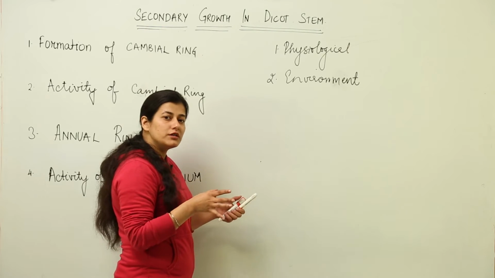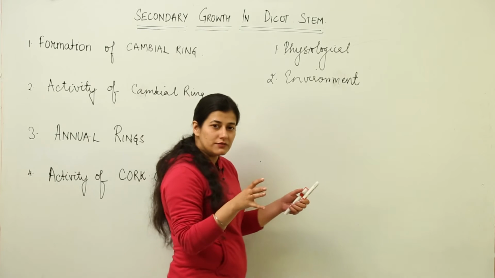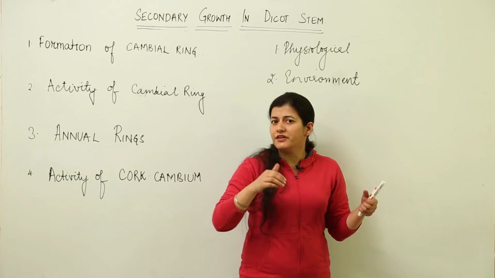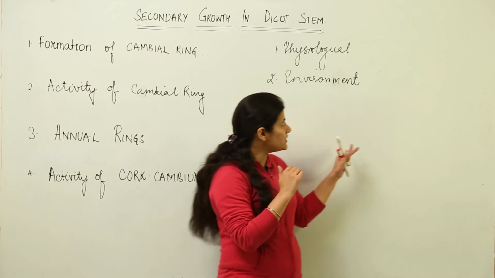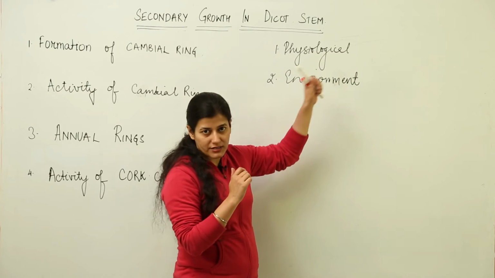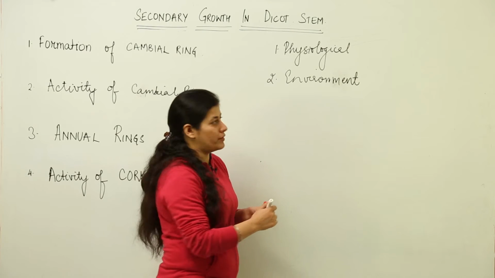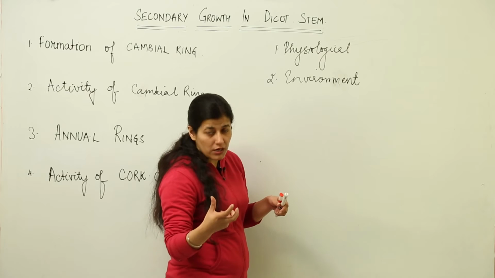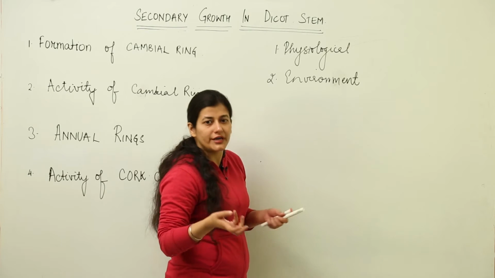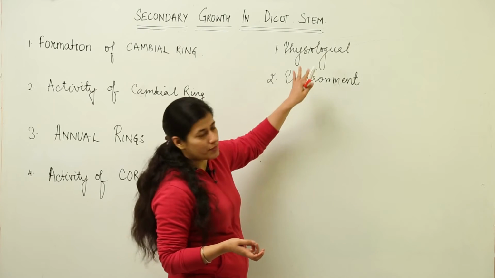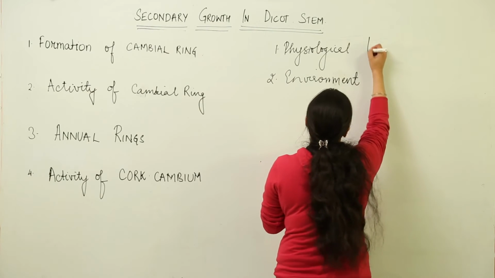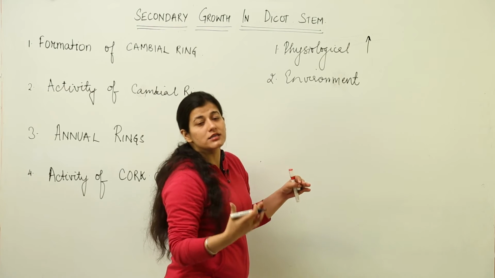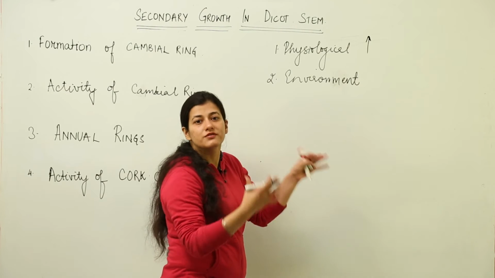In the case of winters, you know that most plants shed their leaves. Water requirement is less, and physiological activities also decline. So, you can see the relation between these two factors. When the climatic conditions are favorable, which is almost a moderate climate, the physiological activity is greater, and for greater physiological activity the plant needs more vascular bundles.